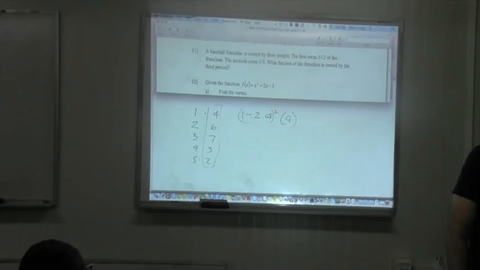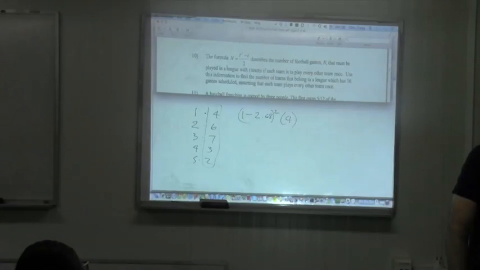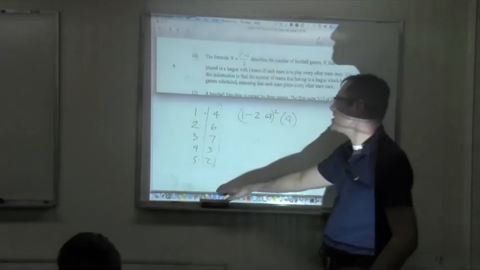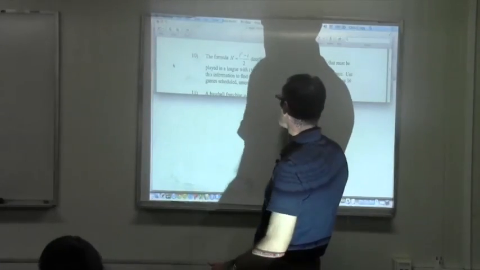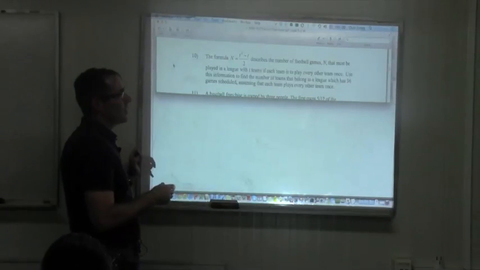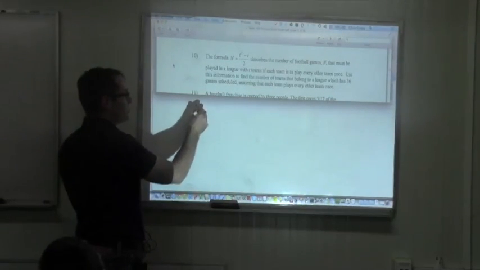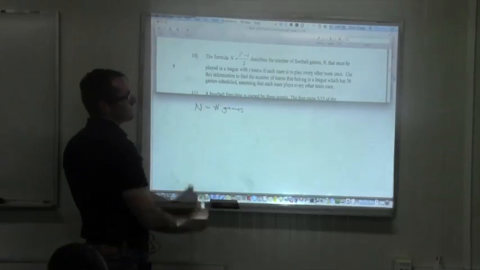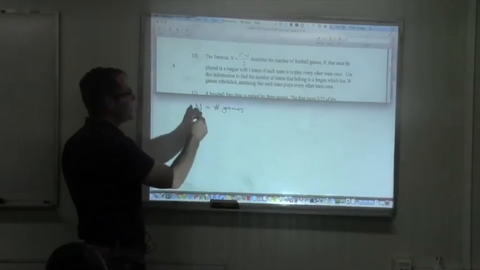What else? How about this one? Anybody like to get this one? Formula n equals t squared minus t divided by 2. Number 10 describes the number of football games. So n is the number of games played in a league with t teams.